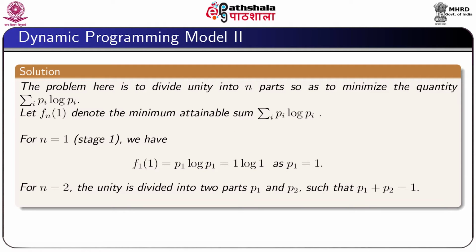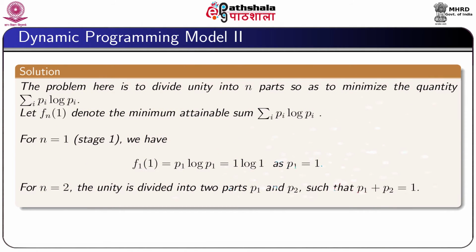The problem here is to divide unity into n parts so as to minimize the quantity sigma pi log pi, where i takes values from 1 to n. Let f_n(1) denote the minimum attainable sum sigma pi log pi.